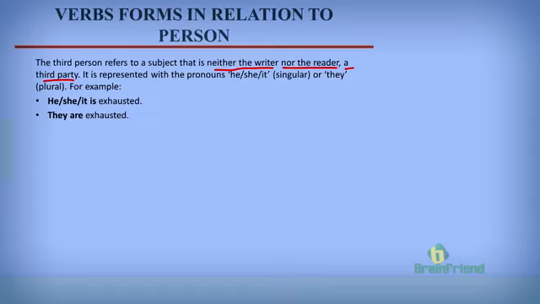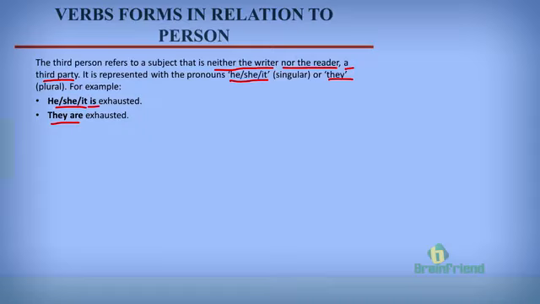It is represented with the pronouns he, she, or it for the singular, or they for plural. For example, he or she or it is exhausted. They are exhausted. It would be wrong to say, he are exhausted. The verb are should agree with the subject or with the person that you are referring to in number also. And secondly, here we are saying they are exhausted.